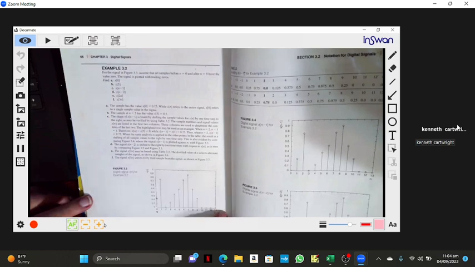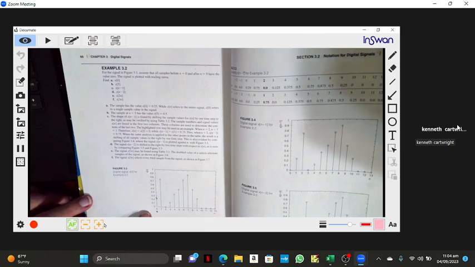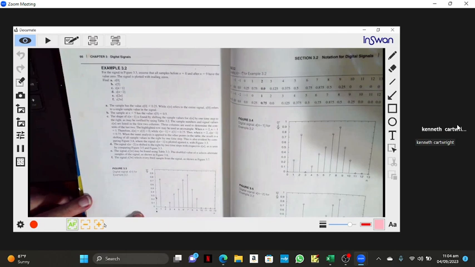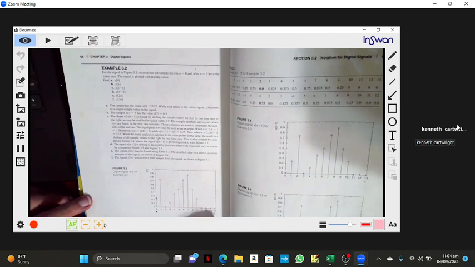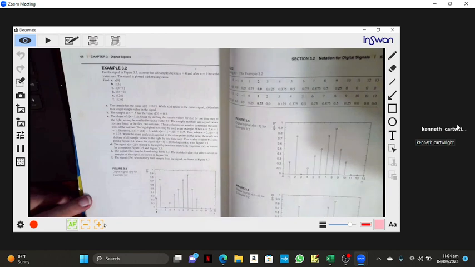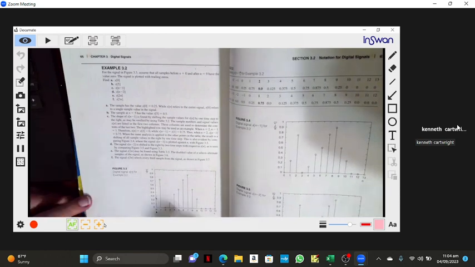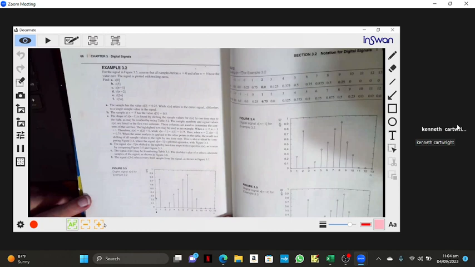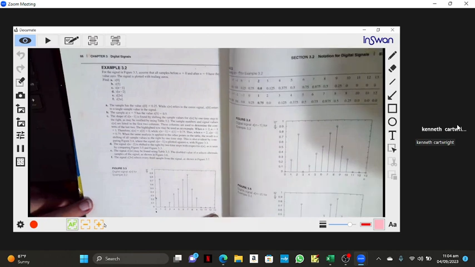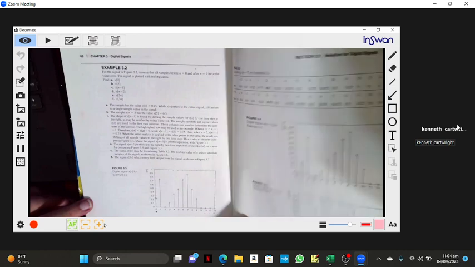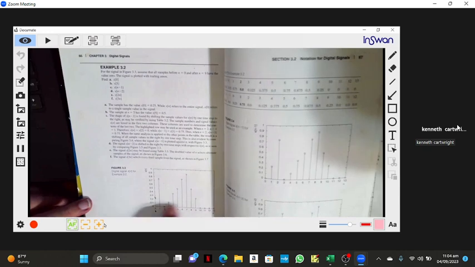So our horizontal axis is n times capital Ts, but we don't bother with the Ts. The Ts is understood. So our horizontal axis is a function of n. Our vertical axis is x of n. So what's the value of x of 0?